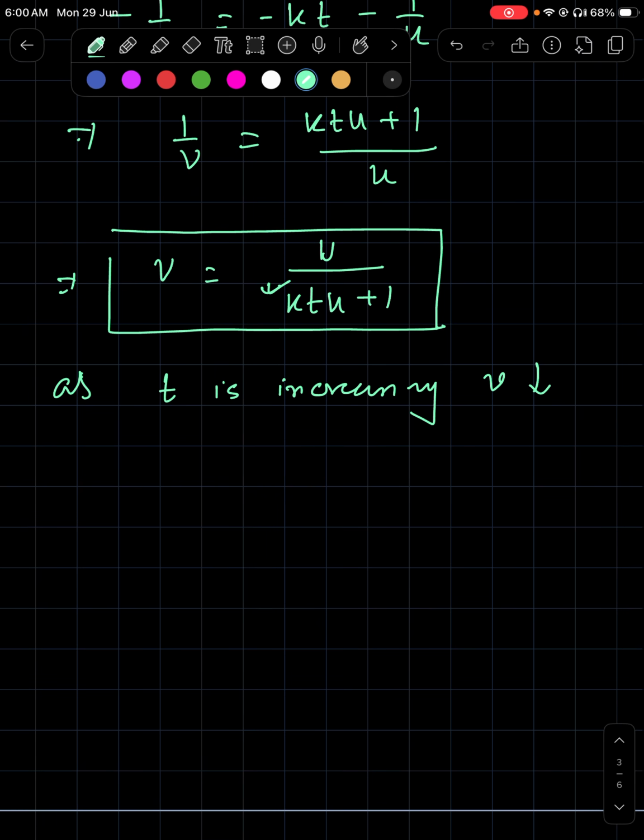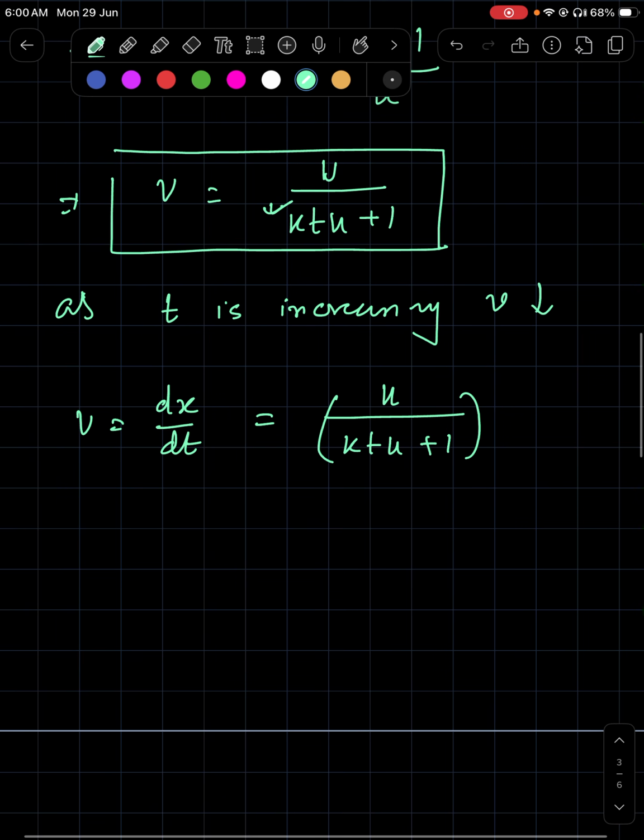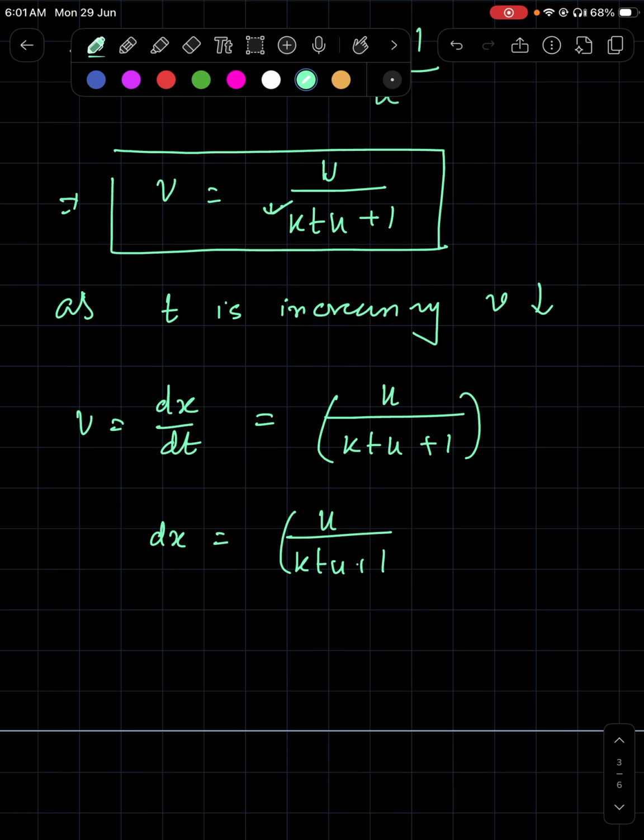Next, our turn is to find the distance. Writing dx/dt, I am writing v as dx/dt because it is moving along the x-axis. Then multiplying with dt on both sides, it becomes u divided by ktu plus 1 into dt.